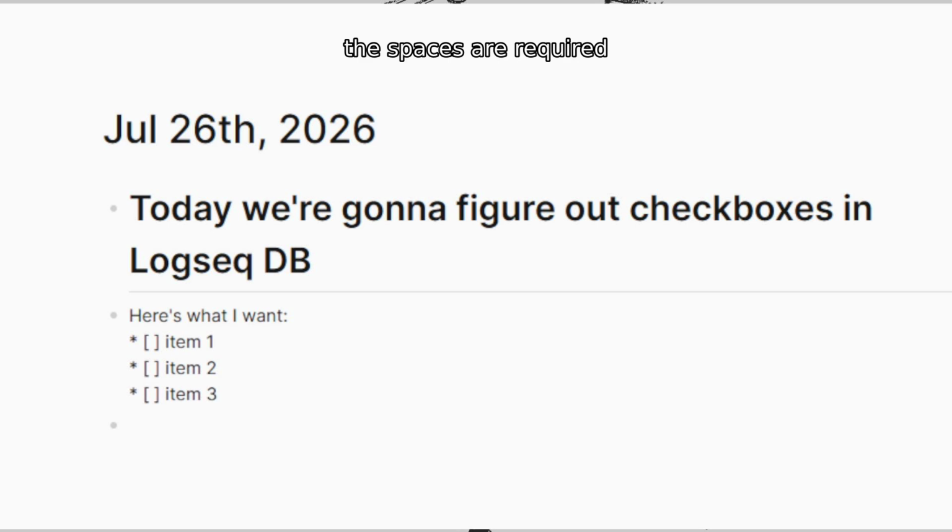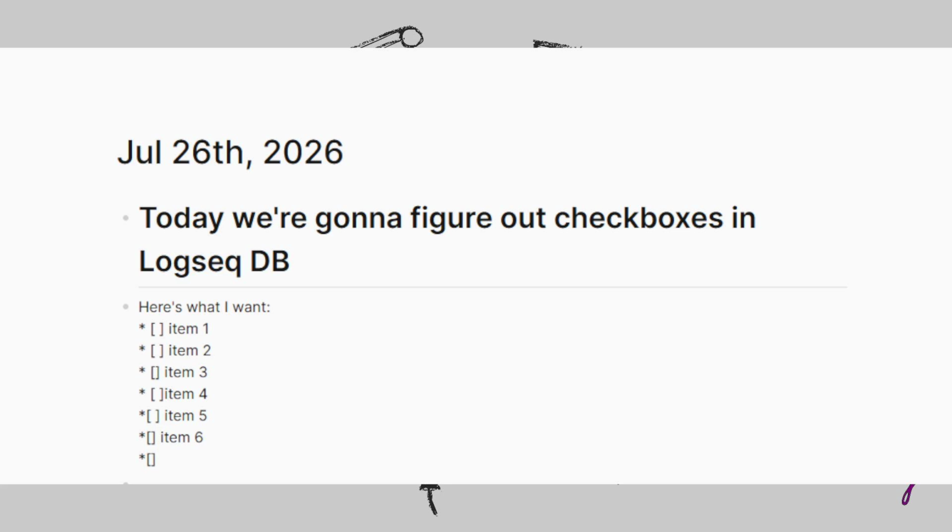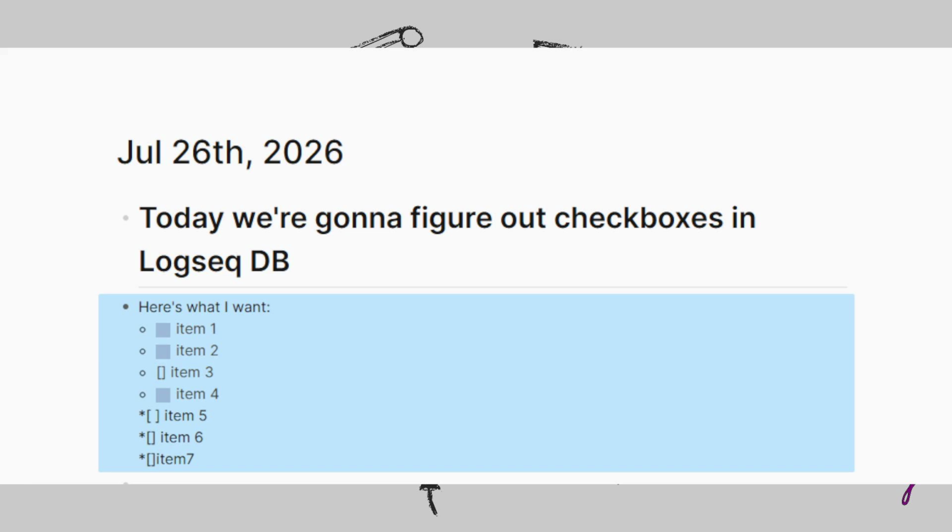So say, for example, we forget to put a space in between those. That one shouldn't work. So that can be item 6, and then we could do no spaces at all. And we can pretty much guarantee that that's not going to work. And you can see here now. If we zoom in on this part that my mouse is circling and hold it there, we can see which ones rendered correctly and which ones didn't.